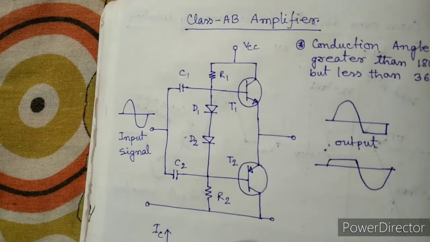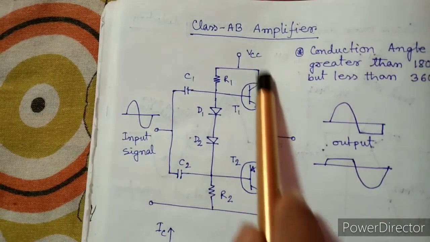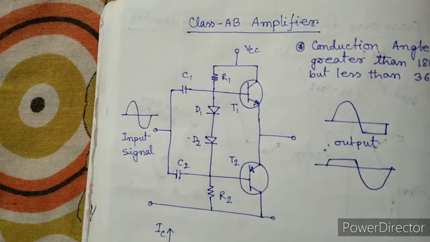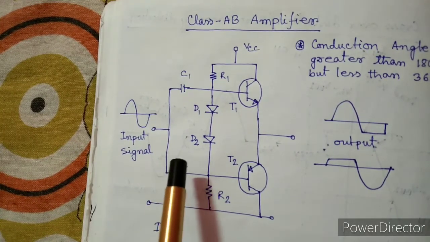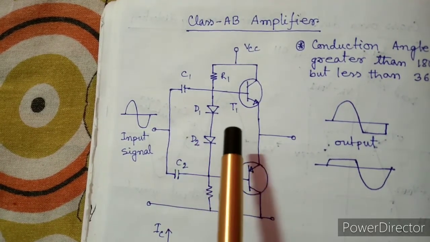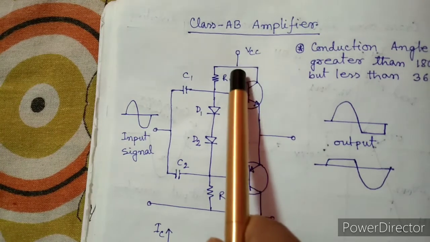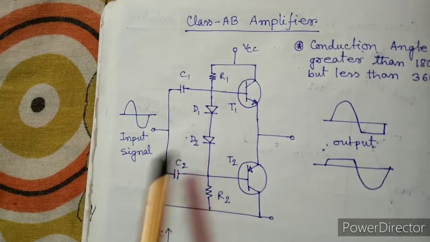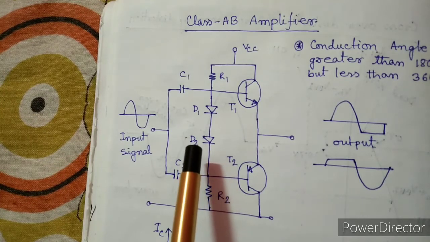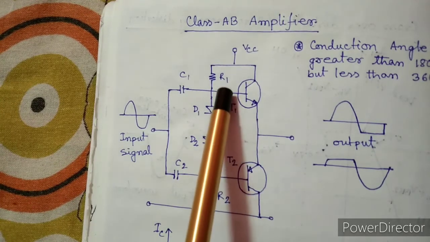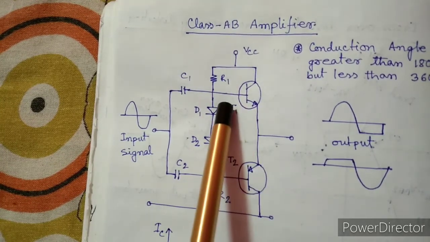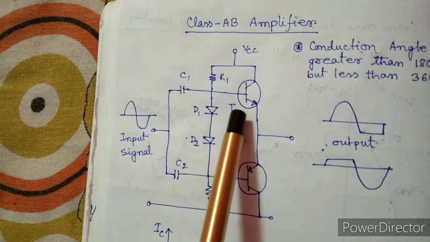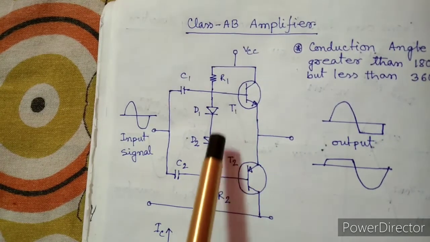This is the class AB amplifier circuit, where we are seeing that the biasing is done by the VCC supply, a resistor and diodes. Now, the base emitter potential drop for a silicon transistor is 0.7.